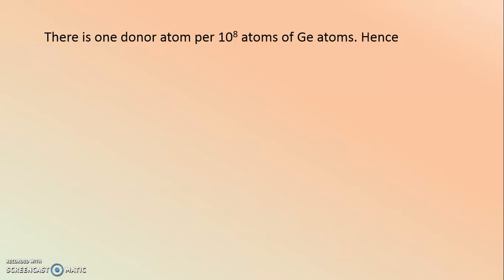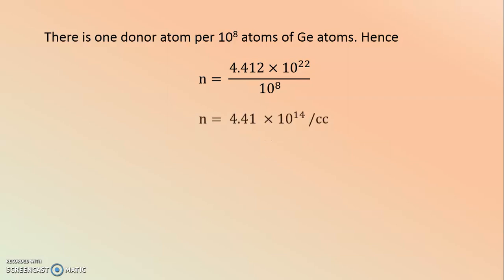Hence, the donor atoms will be n is 4.412 into 10 raised to 22, which we have calculated, divided by 10 raised to 8. So the total number of donor atoms will be 4.41 into 10 raised to 14 per centimeter cube.